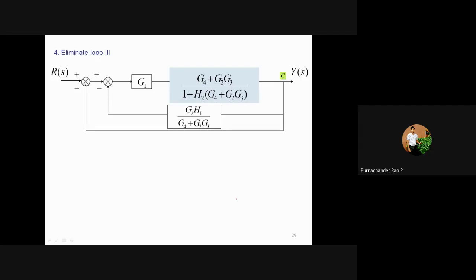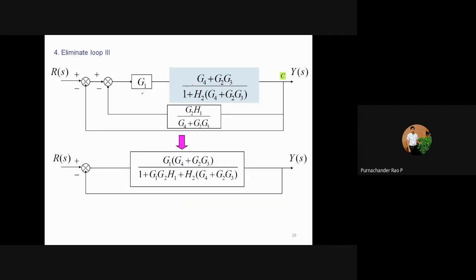Okay, so as this is eliminated, now this G1 and this block are cascaded. They are in cascade, and therefore you can eliminate this as G1. Okay, so this total value is going to be G1.